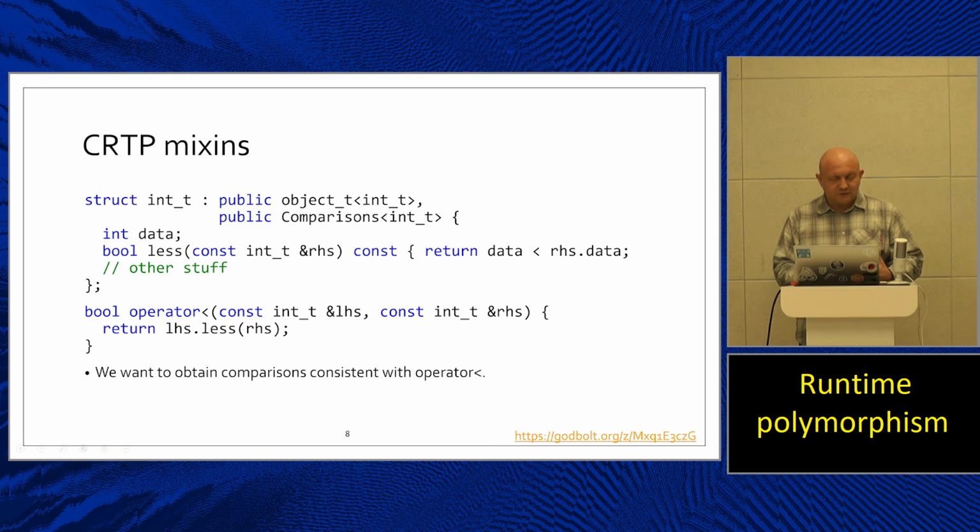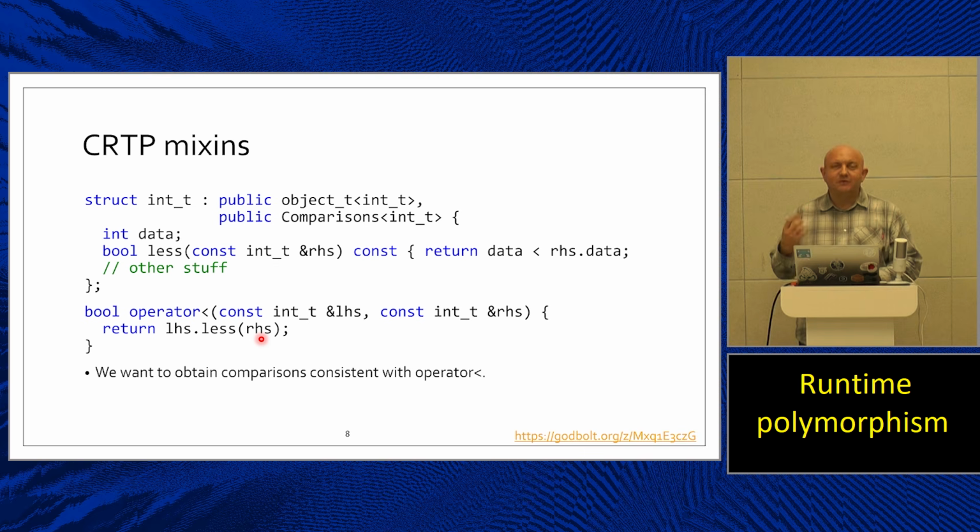Suppose we do have our int of t, and our int t defines only one primitive operation, say operator less. From that single operation, we want to generate the rest of the comparison operators.